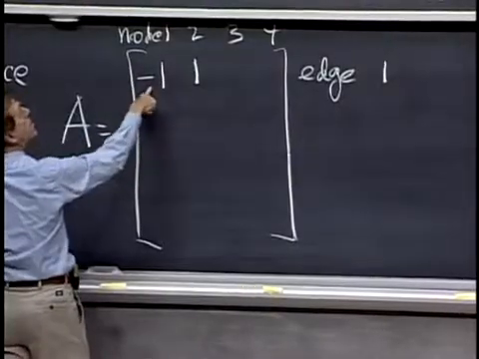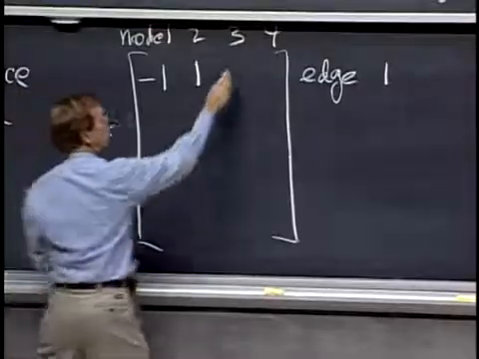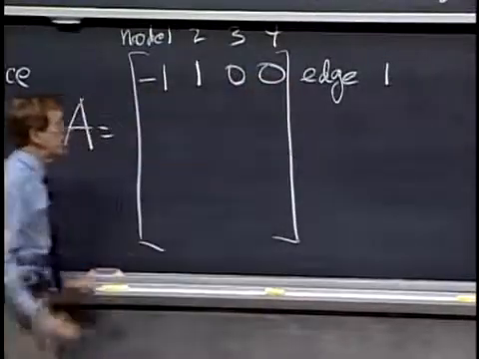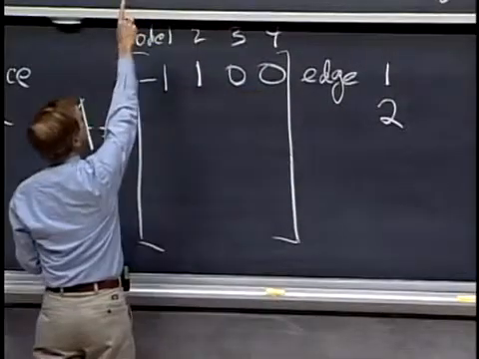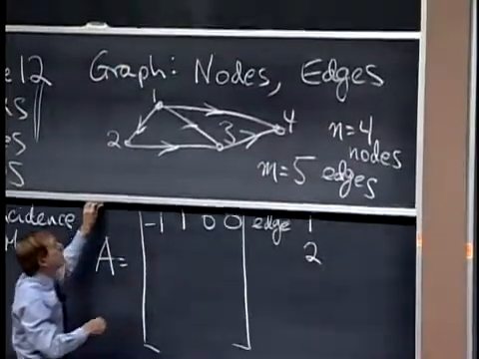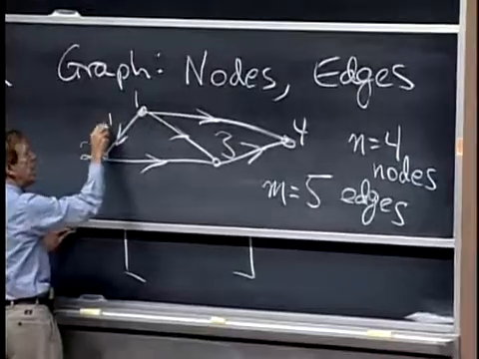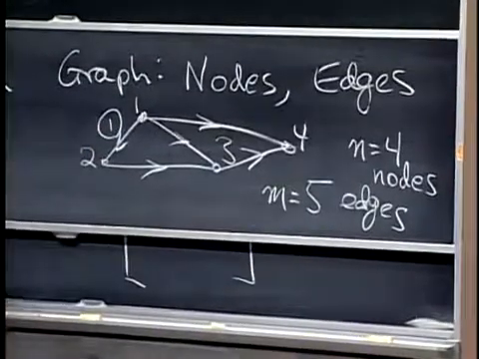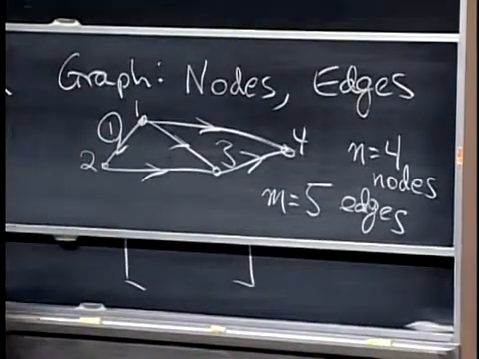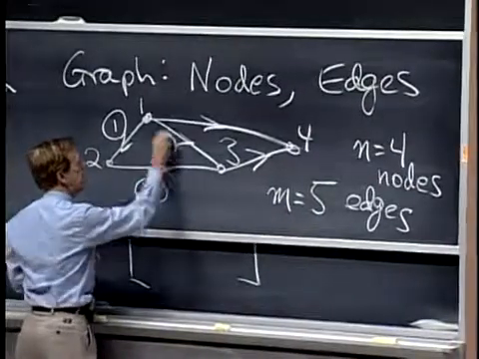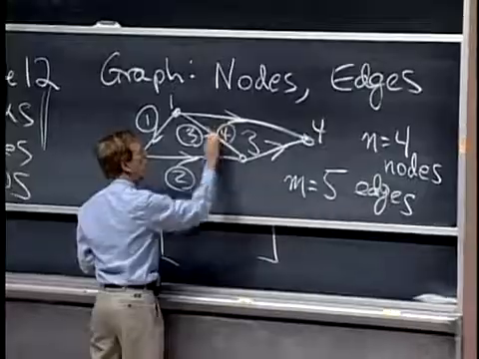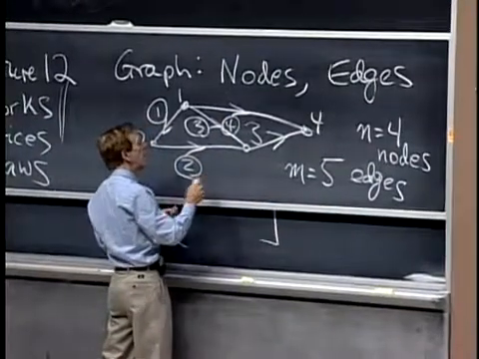Edge 1 leaves node 1 and goes into node 2, and it doesn't touch 3 and 4. Edge 2. Oh, I haven't numbered these edges. I just figured that was probably edge 1, but I didn't say so. Let me take that to be edge 1. Let me take this to be edge 2. Let me take this to be edge 3. This is edge 4. Oh, I'm discovering, no, wait a minute.